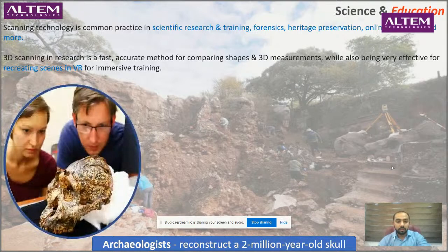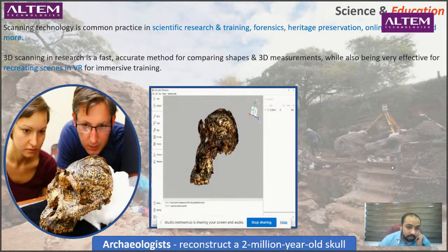The first one is where an archaeologist found an old artifact from 2 million years ago. You can see this sculpture is in such a condition that you can't even touch it or study the details. Digitization is required if you want to analyze what type of parameters and how these react.